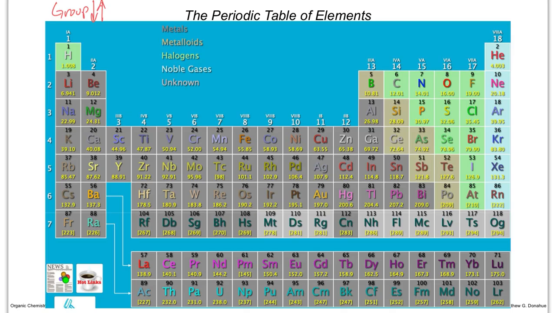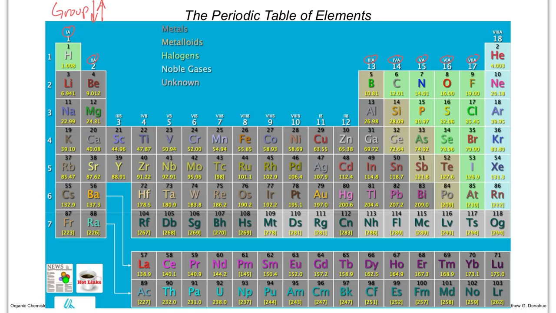Notice if in the Arabic it's 1, 2, 3, 4, then it goes up to like 13, 14. We want to use the Roman numerals when we're talking about the elements we're interested in. So group 1, 2, and then 3, 4, 5, 6, and 7. So those numbers are important. They'll tell us things about how the elements in those groups bond.